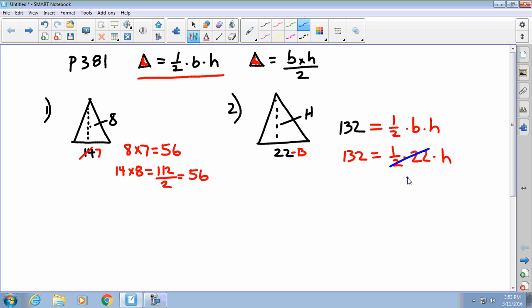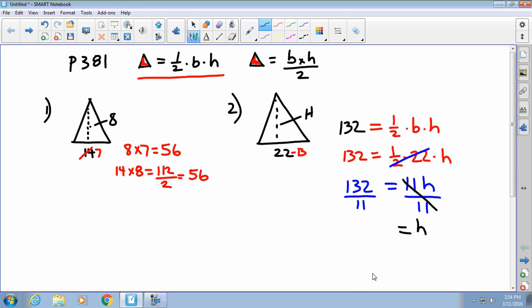Half times 22 gives me 11. I'm going to put 11 next to h, and that is still equal to 132. Because they are multiplying 11 times h, in order to undo that, I need to divide by 11. If I divide by 11 on one side, I need to divide by 11 on the other side. My 11s cancel. I am left with h by itself.